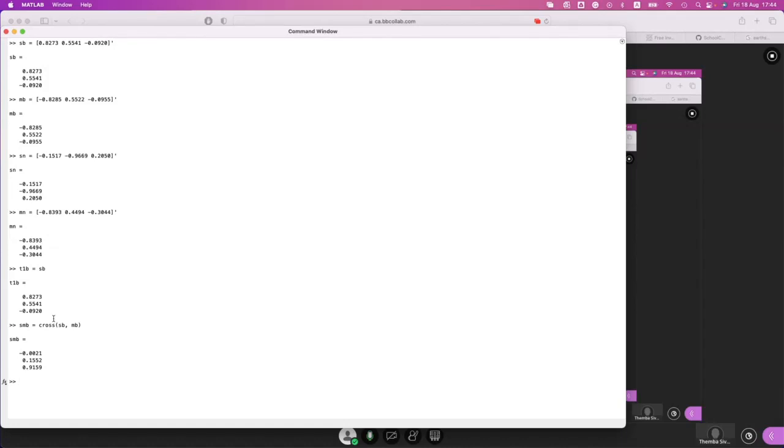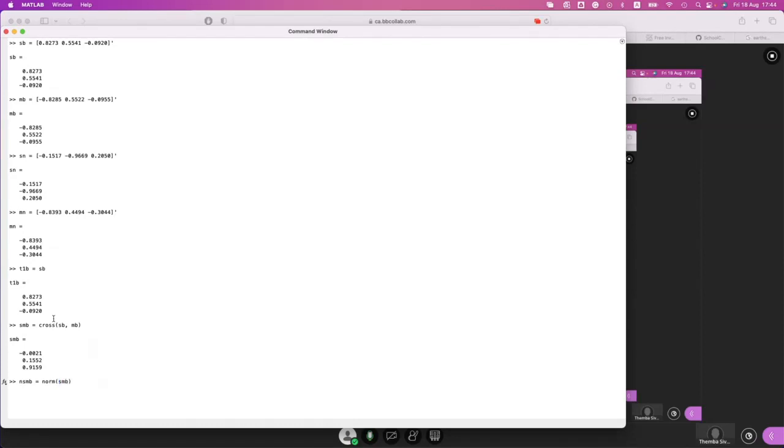Okay. Now that we have obtained SMB, that's the cross product of the two, we need to normalize it. So let's call this normalized SMB, equal to the norm of SMB, right?